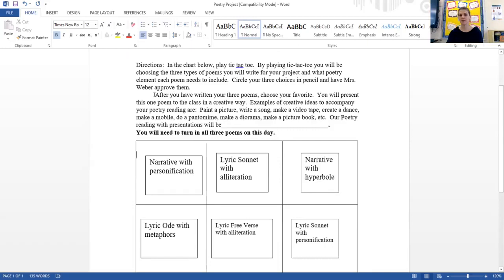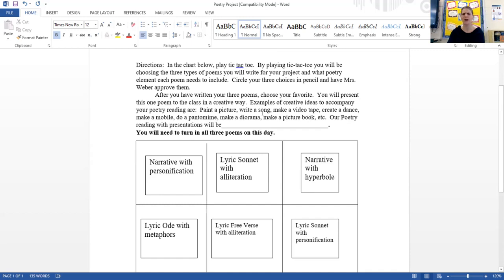There's a second paragraph in here that I want to take a look at. There's more to the project. So after you have written 3 poems, so you have to write all 3, you have to turn all 3 in final copy format, but you're going to choose your favorite one. You will present this one poem to the class in a creative way. Examples of creative ideas to accompany your poetry reading are: you could paint a picture, write a song, make a videotape.